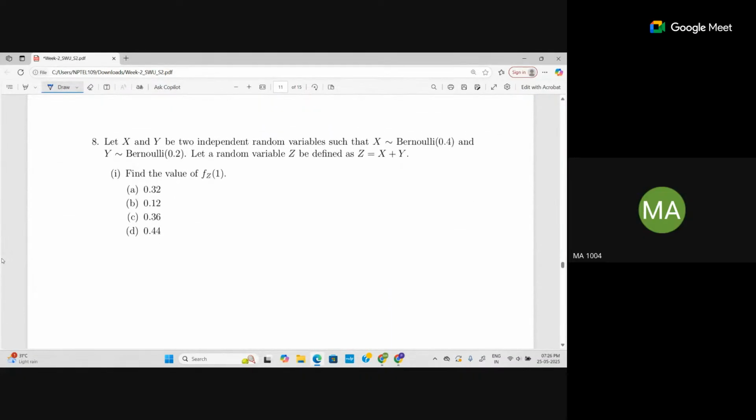Okay, then solve this question. Here X and Y are two independent random variables. X is following Bernoulli with parameter 0.4 and Y is following Bernoulli with parameter 0.2. And Z is X plus Y. You have to find the value of F_Z at point 1. This is similar to the previous questions.